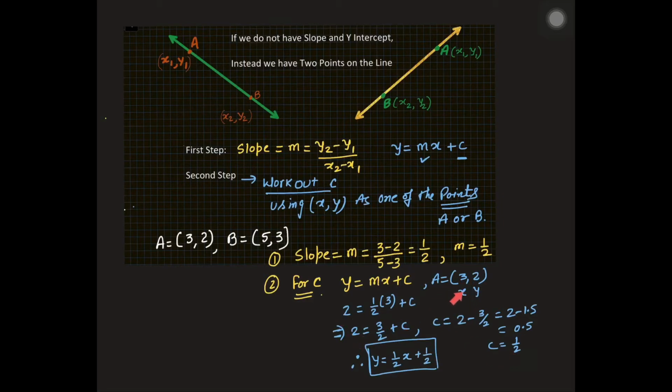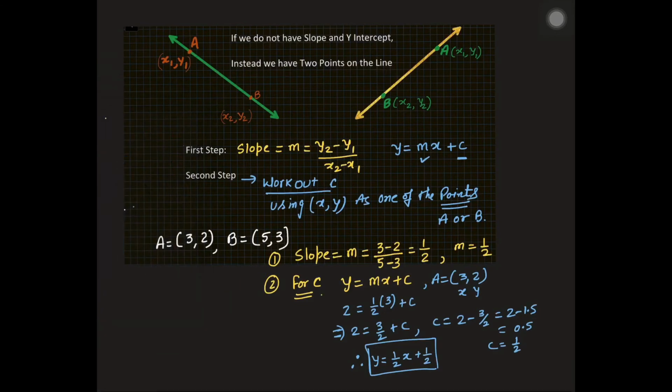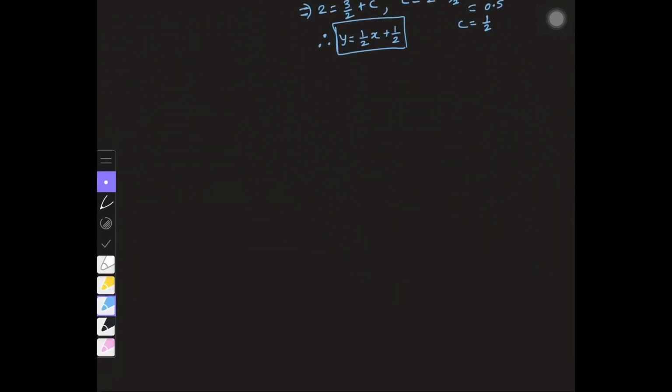Remember, to figure out c we have to use x and y of the point which is given, and just substitute m and c in the correct positions. Remember, 2 steps only: work out the slope and the y-intercept using a point.